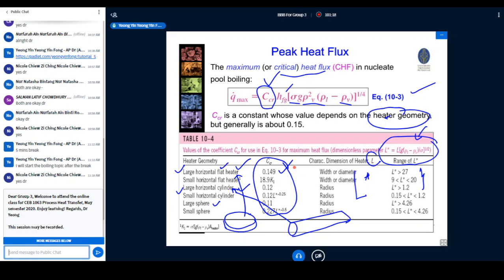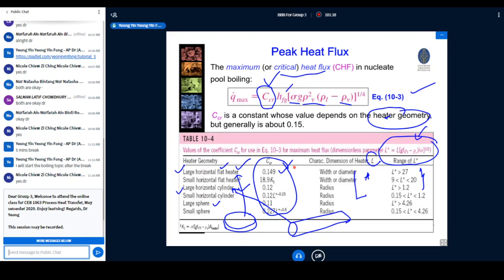It does not have extra parameters like CCR for the peak heat flux, or the CSF and N value for nucleate boiling. It only has the sigma value for the Q min. All right, so that's all about the nucleate, maximum and minimum heat flux.